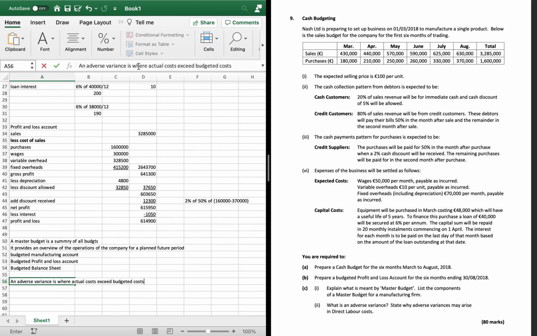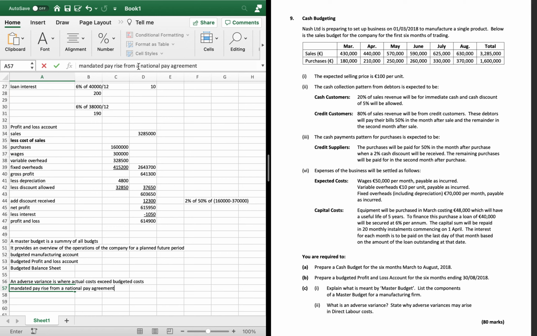State why adverse variances might arise in direct labour costs. Well, so why could your labour costs be higher? I don't know. I suppose there could be a mandated pay rise that you didn't know about, so from a national pay agreement.